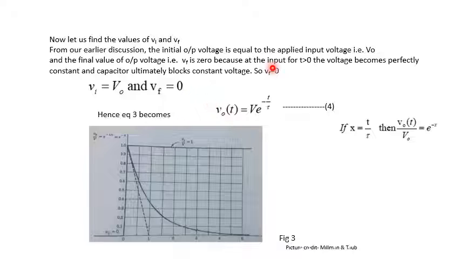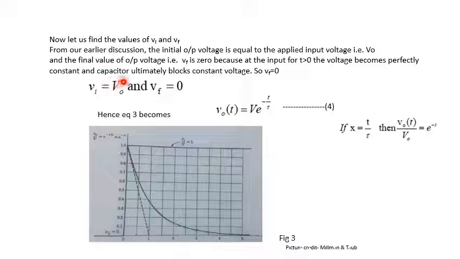And we know that after time t equal to 0, that is for time t greater than 0, the input voltage becomes perfectly constant. In the circuit, the applied voltage becomes absolutely constant for t greater than 0.